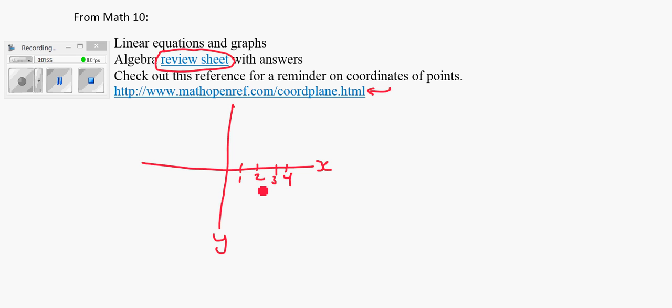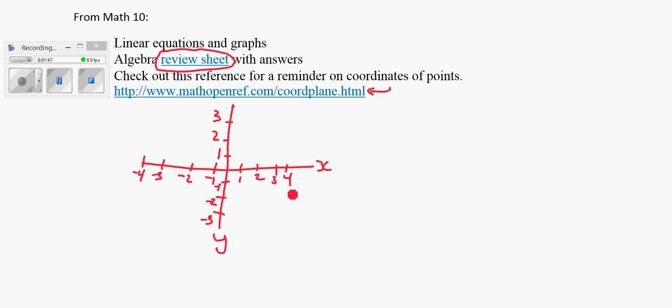So positive numbers are going to the right along the x-axis, and negative numbers are going to the left. Similarly, on the y-axis, we have positive numbers going up, and we have negative numbers going down.